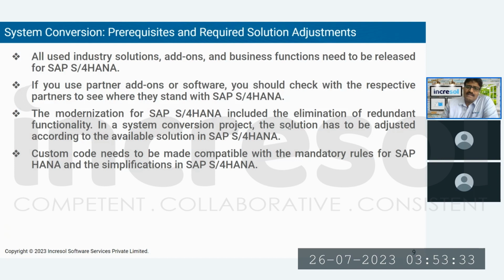So you need to adapt your ABAP code to work for the HANA database first. And also some tables got changed in S4 HANA, so you need to adjust your code to work with the new table structures or schemas. That is what we call the HANAization of ABAP code, or the custom code in your existing SAP system.